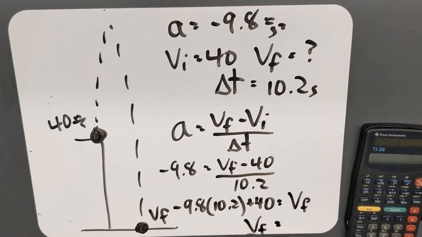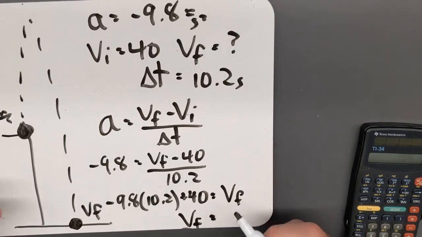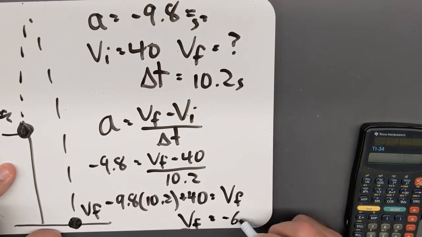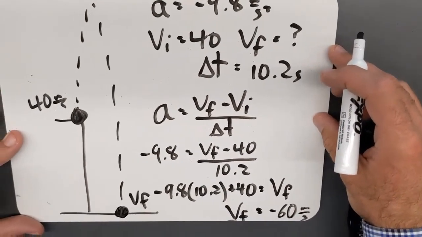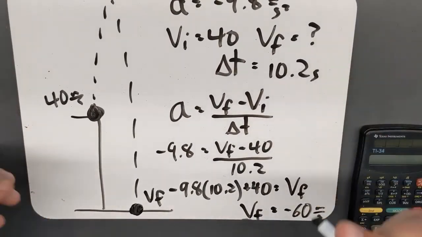Hold on, I forgot the negative sign. Negative 9.8 times 10.2 plus 40 gives me, we'll round that, negative 60 meters per second. All right, and that's our final answer for that last one.